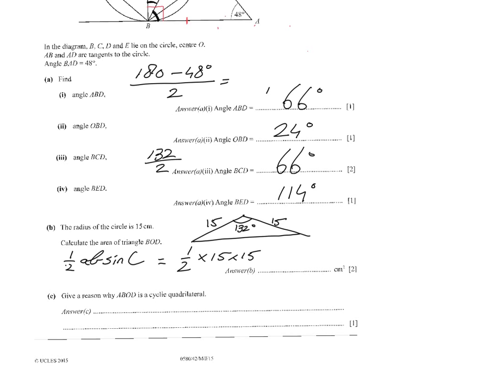Half times 15 times 15 times the sine of 132 degrees equals, I'm going to grab my calculator. Please always write things down before you get a calculator. Maths doesn't happen in your calculator. Maths happens on paper.